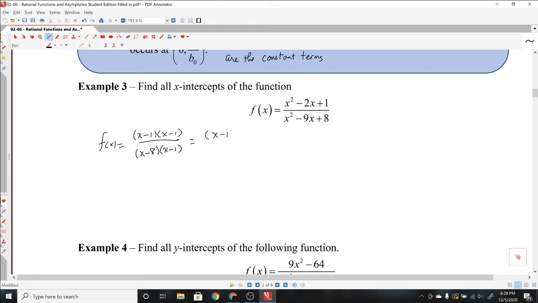I'm going to go ahead and write that numerator is x minus 1 squared, x minus 8, and x minus 1. Now, the numerator, x minus 1 squared, equals 0 when x is 1. That's the only time the numerator is 0. But 1 also makes the denominator 0.